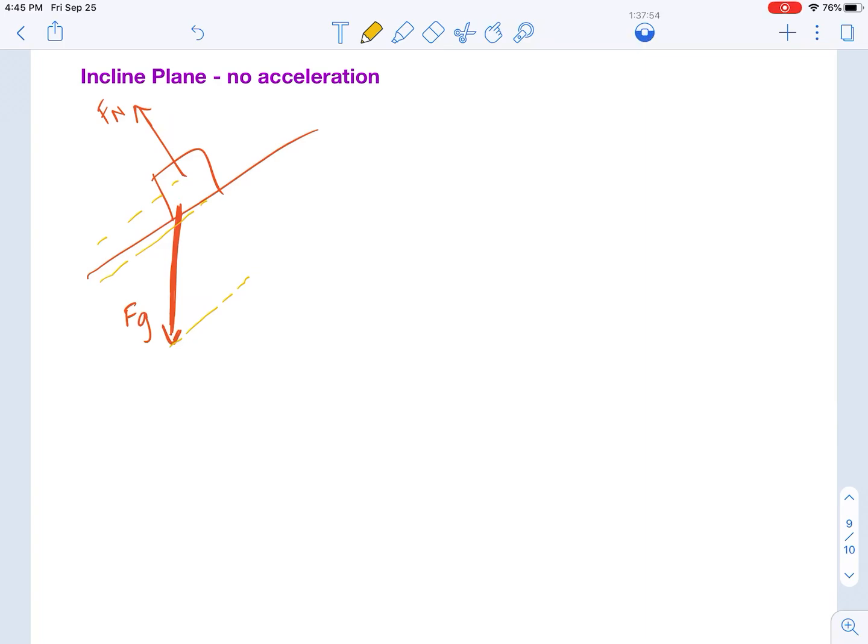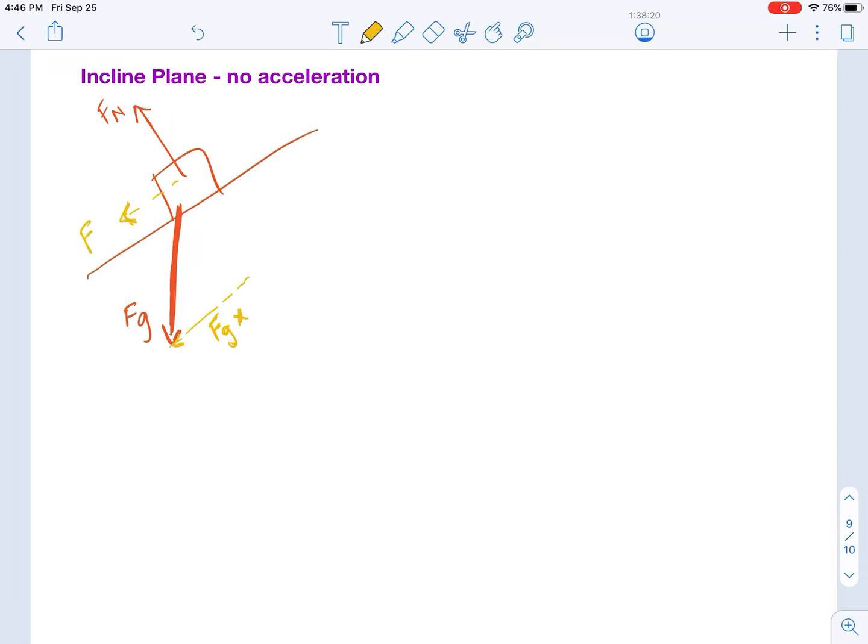Okay, all of these are along the same plane. So how much of my weight is going to be in the same direction or along the parallel axis to my surface? That's the magnitude of the weight that's going to cause my object to actually slide down the hill.